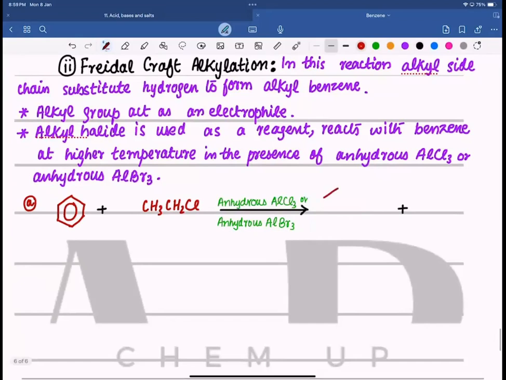So this chlorine, which is bonded to the alkyl chain, bonds with the hydrogen that is substituted from the benzene to form HCl, and the CH2, which was bonded to chlorine, bonds with the benzene ring. As a result, the whole alkyl chain gets bonded to the benzene ring, and we get ethylbenzene over here.